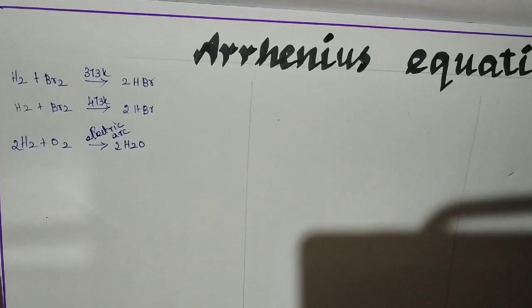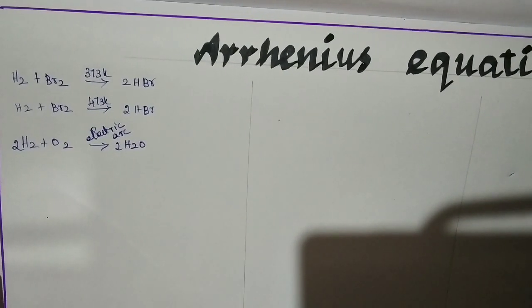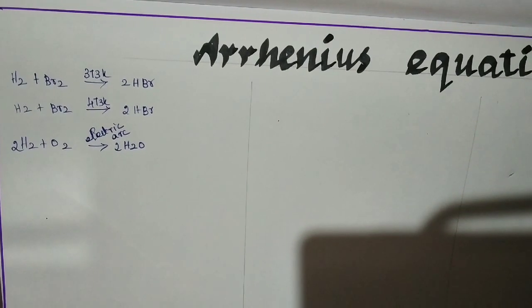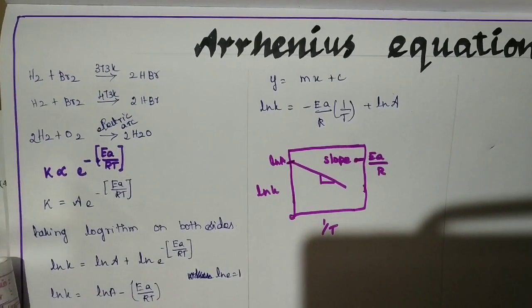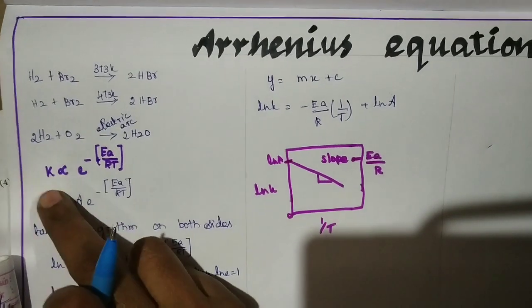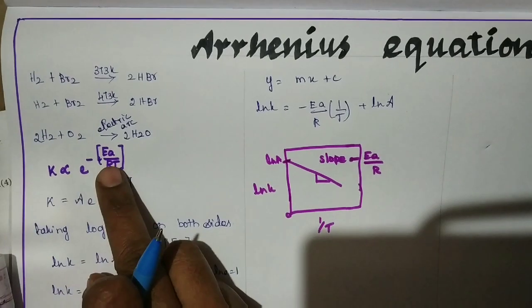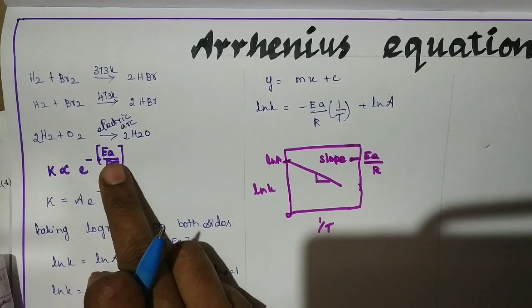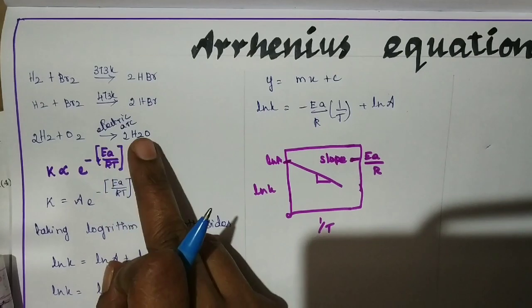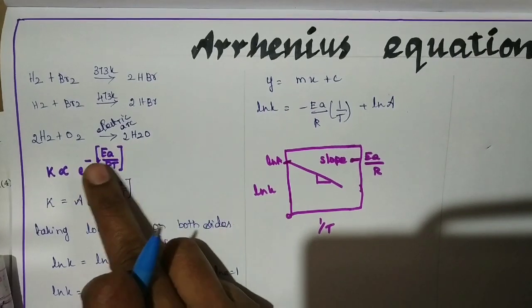Therefore, Arrhenius suggested how the rate of the reaction varies with temperature. The rate constant k is directly proportional to the collision factor e power minus Ea by RT.